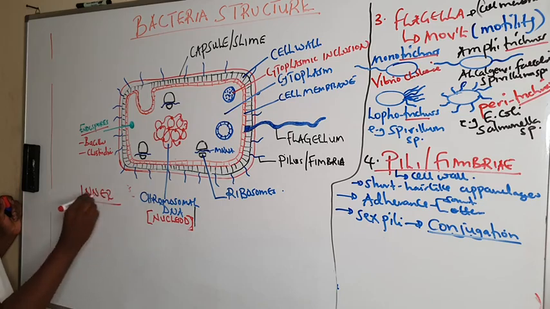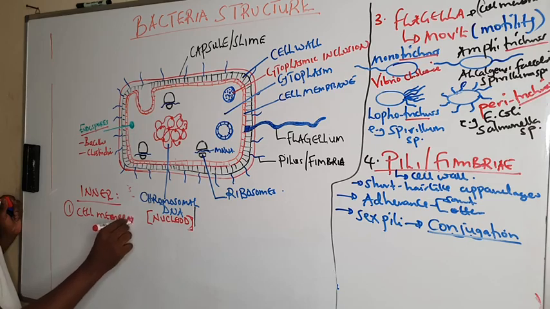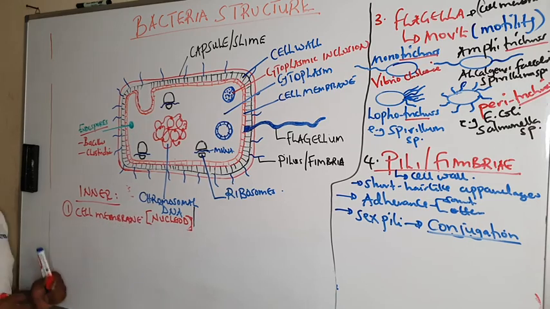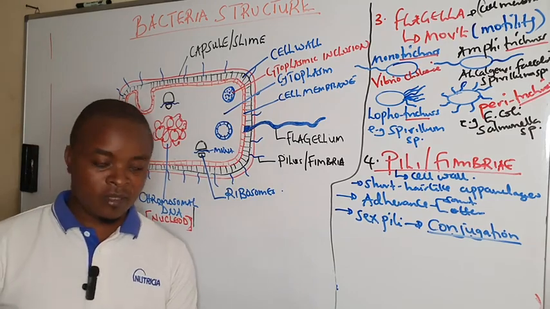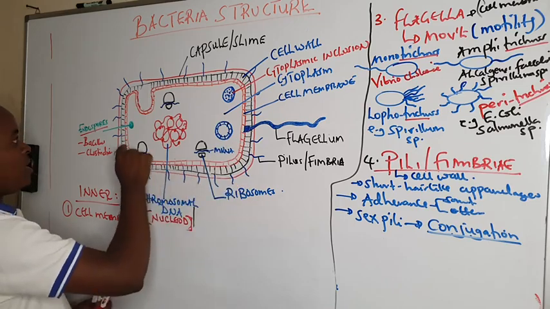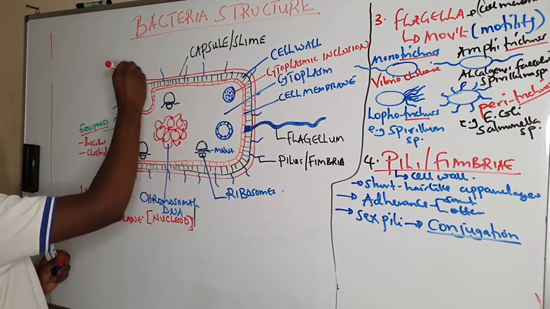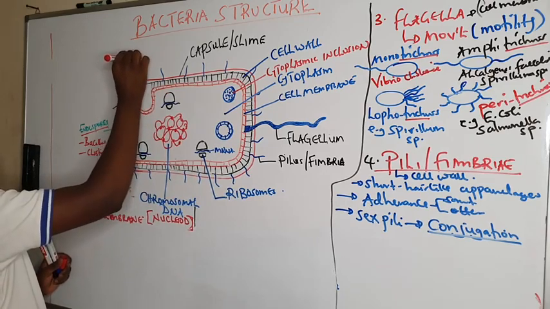The first one is the cell membrane. We said you can call it the plasma membrane, which is denoted by the red part. This cell membrane always invaginates into what we call a mesosome.